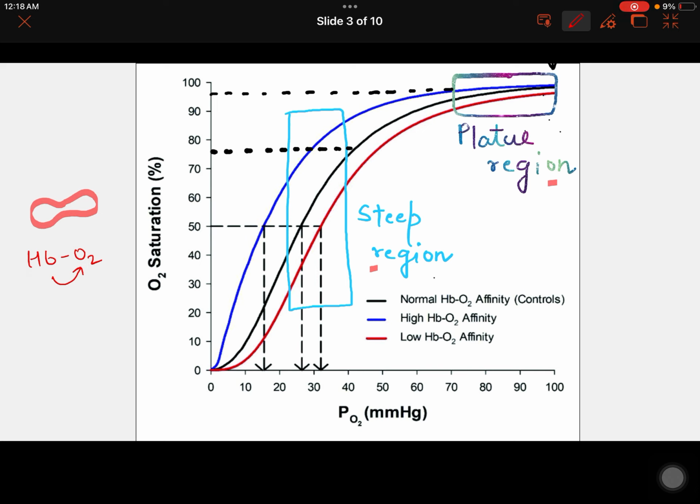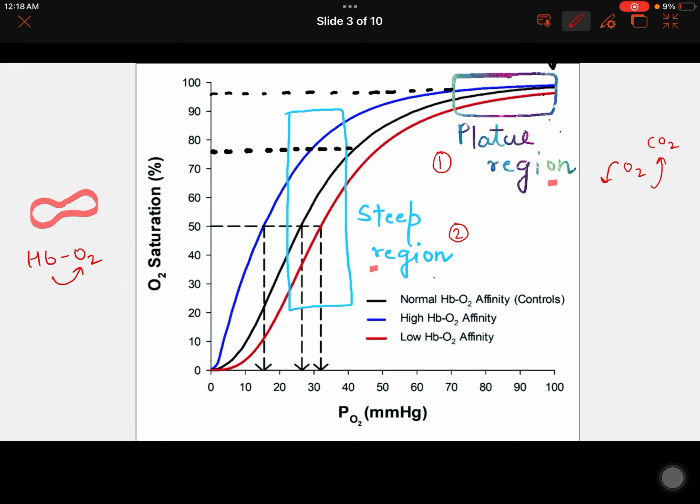So here we have talked about two regions, the plateau region and the steep region. Now, with oxygen, we are usually breathing in and out. At that point you are inhaling oxygen and exhaling carbon dioxide.